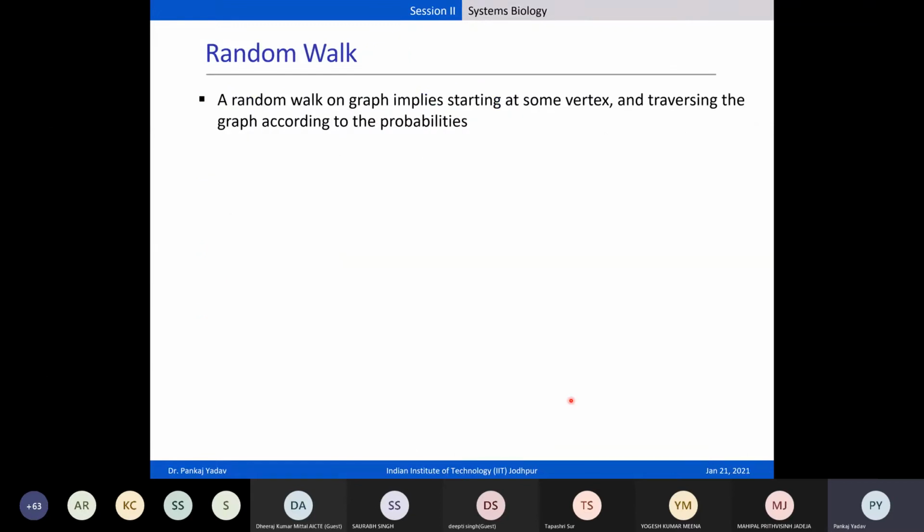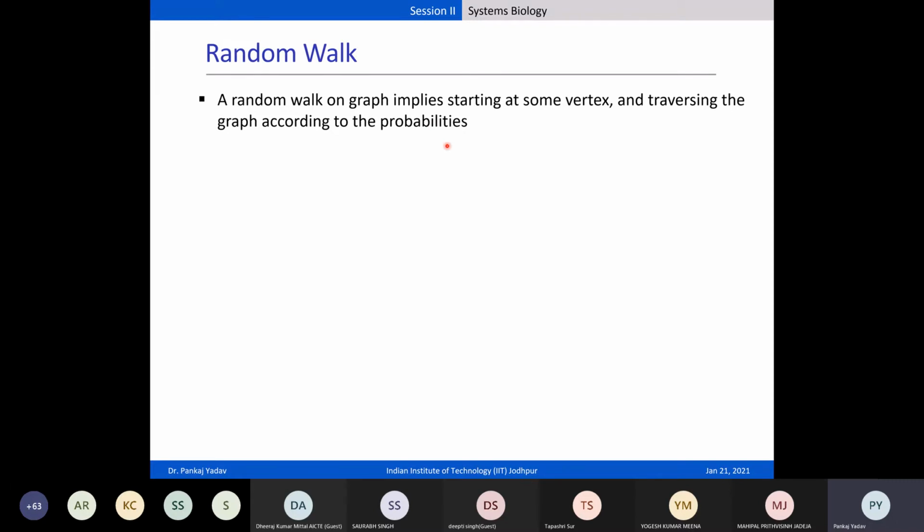And then another concept that is very important in the context of biological networks is a random walk. A random walk basically means that on a given graph, you start at some vertex, and then you traverse the graph according to some probabilities.